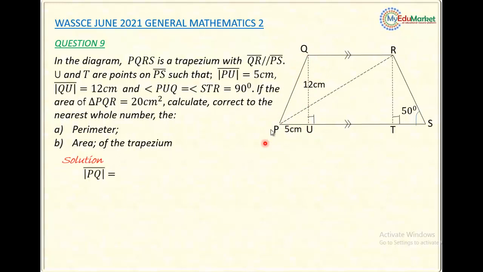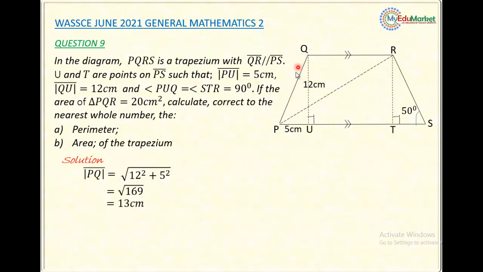So I can find the length PQ, one of the sides of the trapezium, using Pythagoras theorem: the square root of 12 squared plus 5 squared. 12 squared is 144, 5 squared is 25, adding gives 169. The square root of 169 is 13 centimeters. So the length PQ is 13 centimeters.